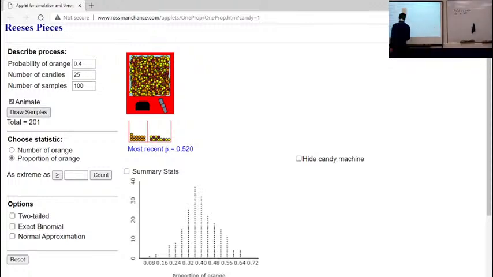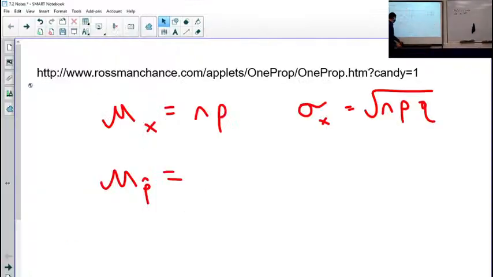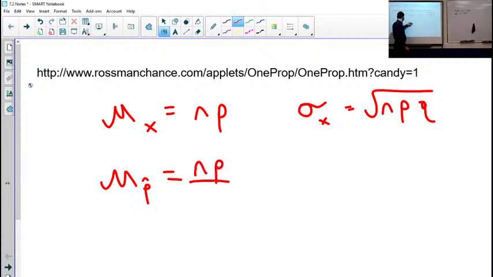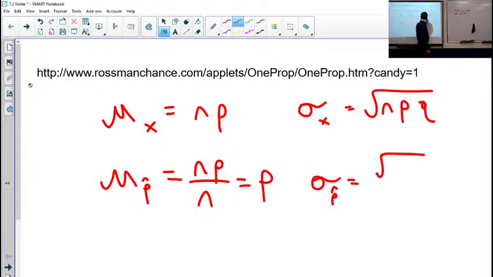And so let's divide it by our sample size. For the standard deviation, take that square root of npq, that standard deviation formula, and we're going to divide it by our sample size.